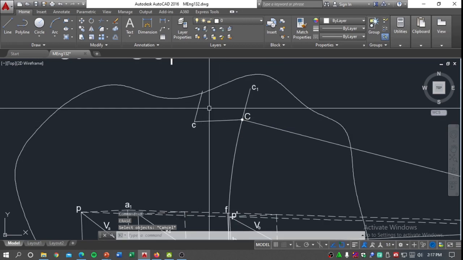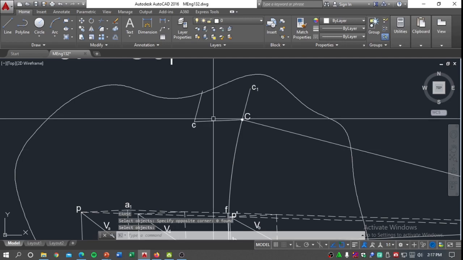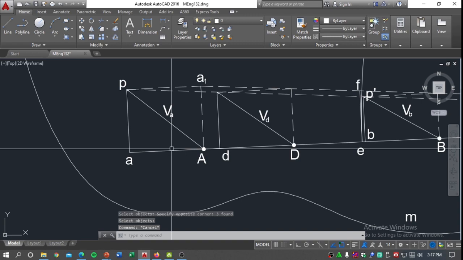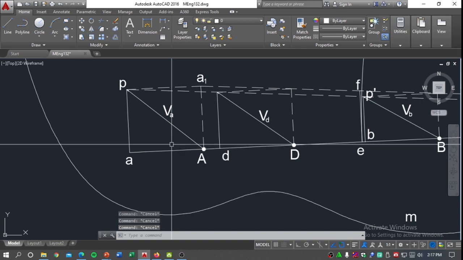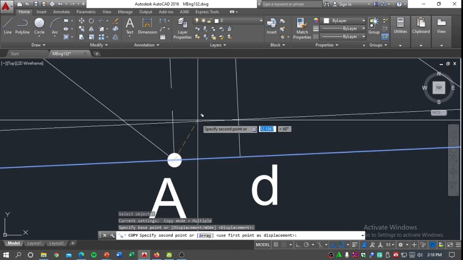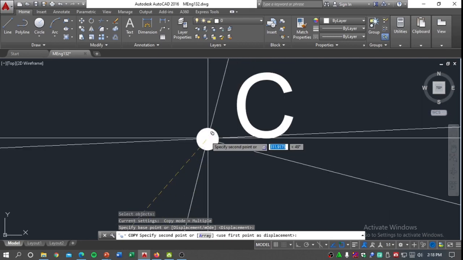All right, so I think we're going to repeat this process with projecting the length of AE. Okay, copy this to here.